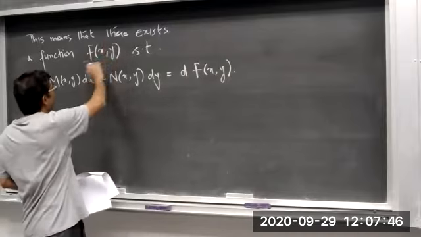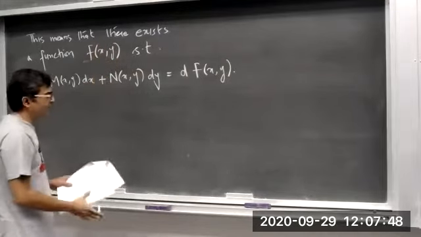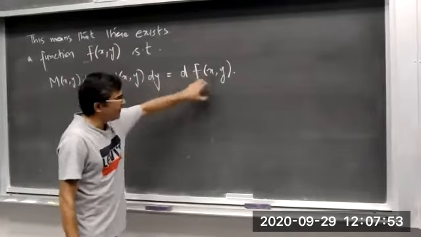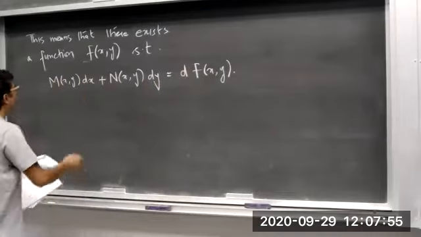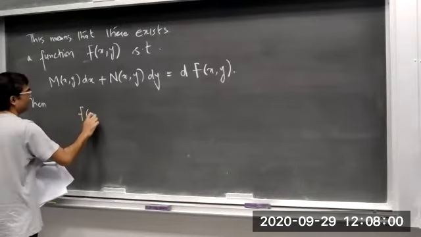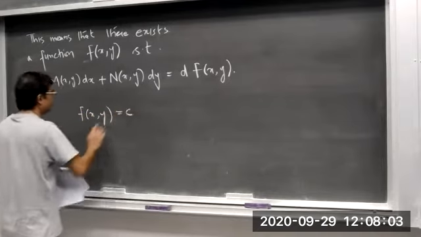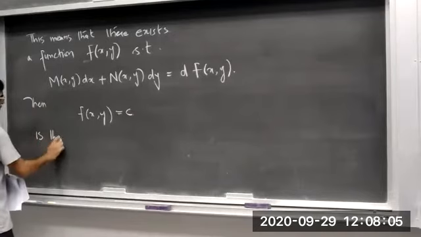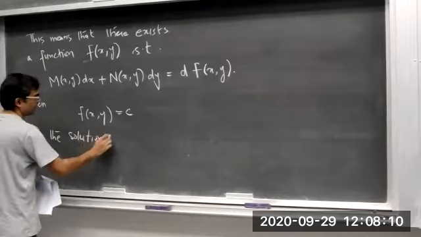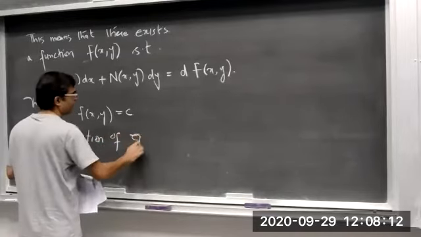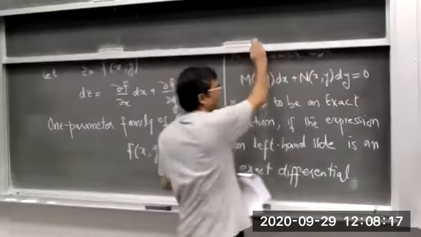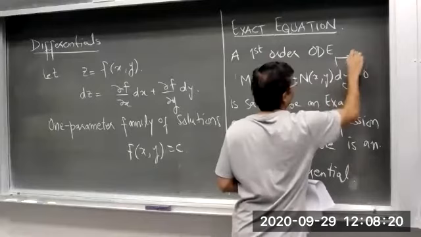If there exists some kind of function f of x y so that the left hand side is basically the differential of this function, then f of x y is equal to c is the solution of equation 1. And what is equation 1? This is your equation. We call it equation 1.